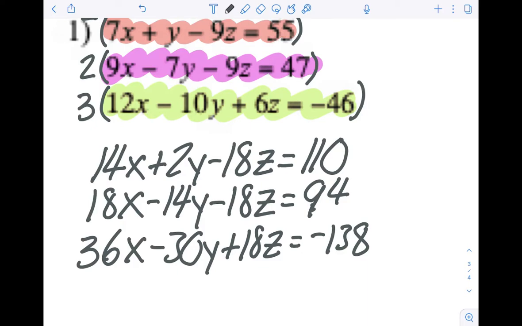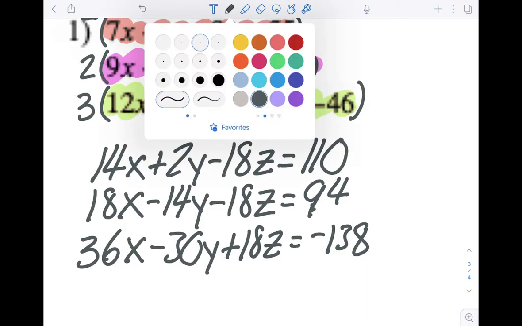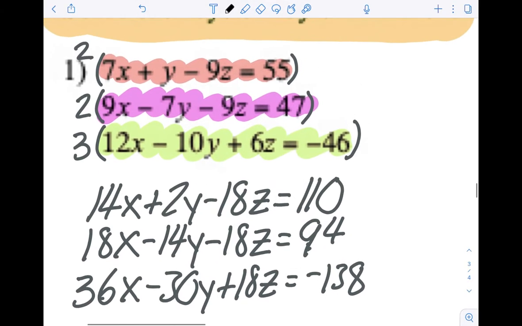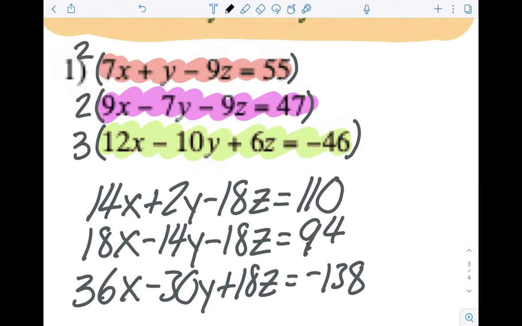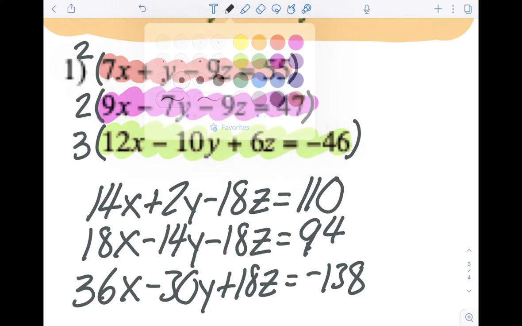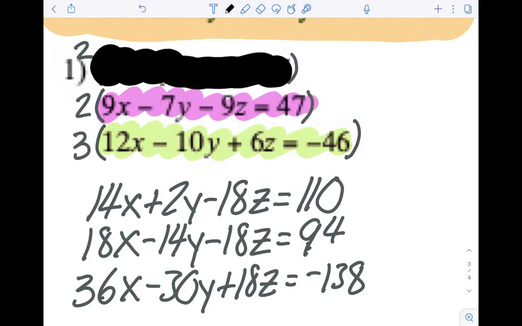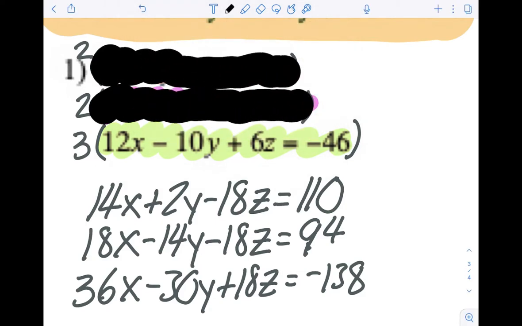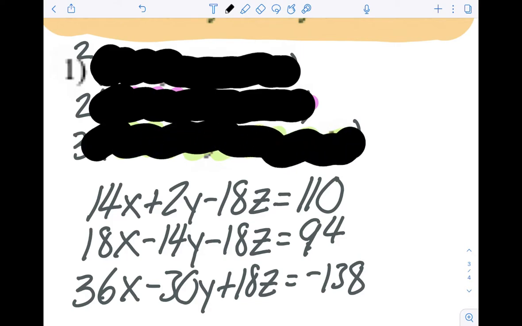Right? So, technically, everybody, look what I'm going to do. Technically, I no longer have this red, this pink, and this green.